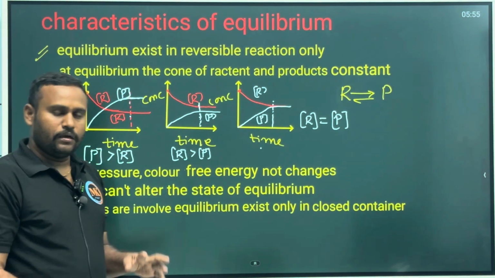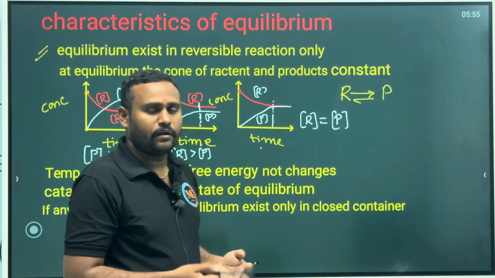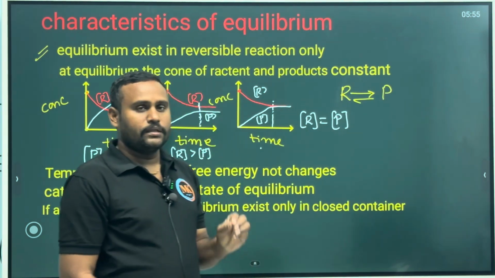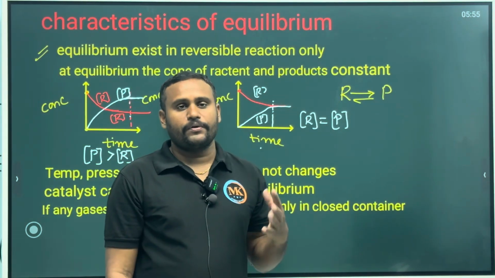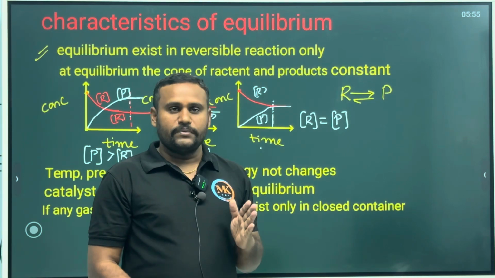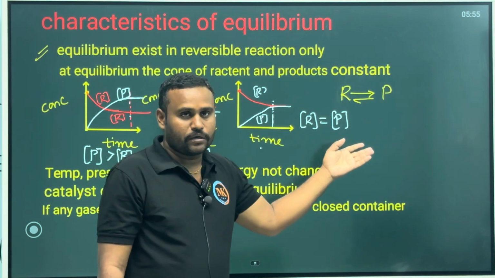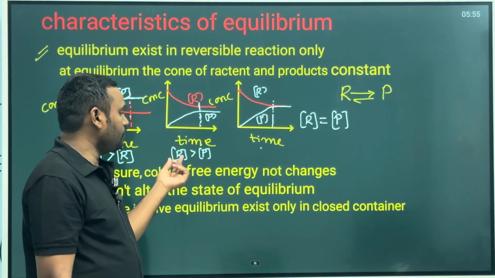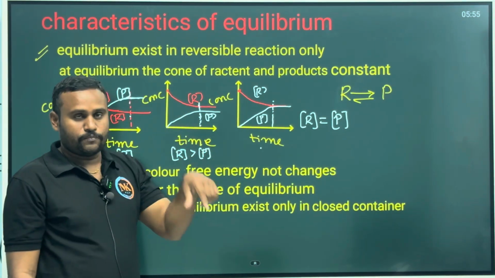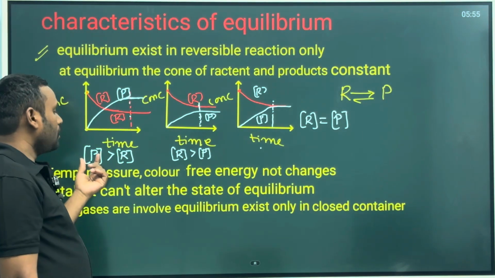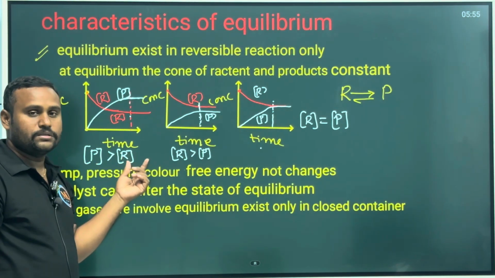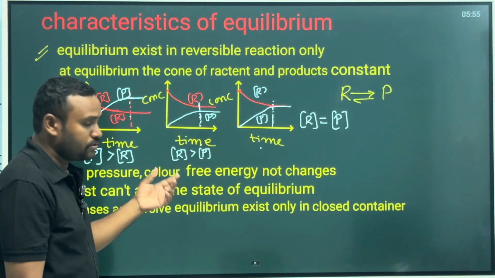So in equilibrium, the concentrations of reactant and product are constant. At equilibrium the concentration of reactant equal to the concentration of product is possible, the concentration of reactant greater than the concentration of product is possible, or the concentration of product greater than the concentration of reactant is also possible.